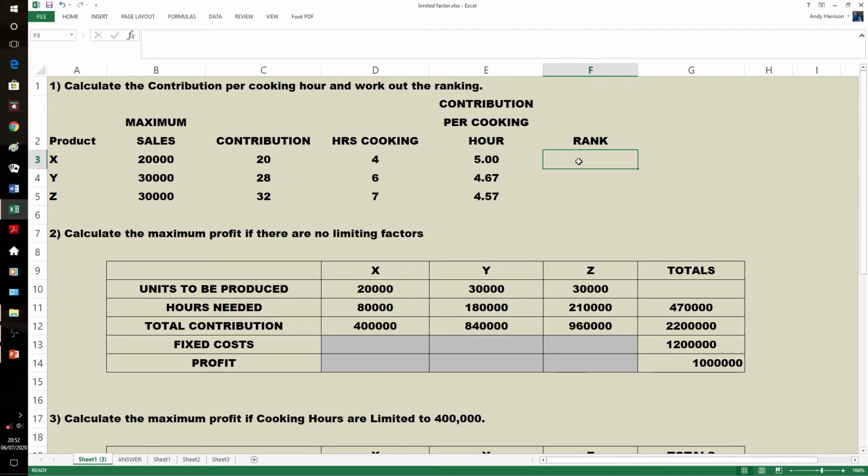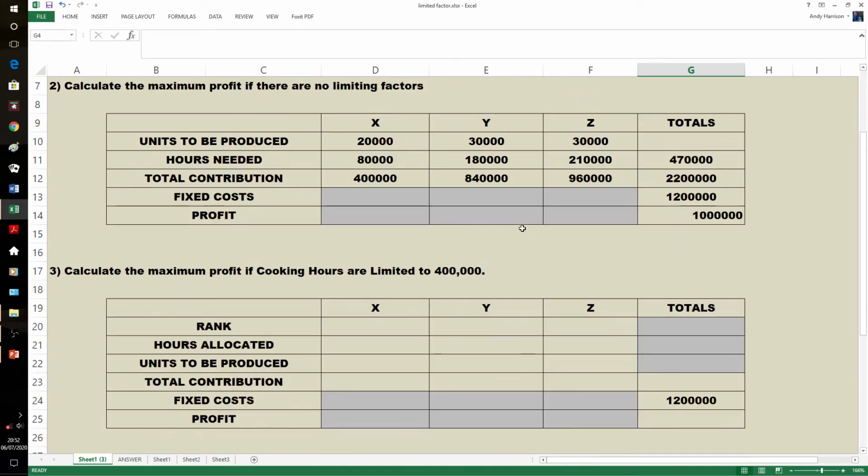So all questions of course are going to be this way around: 1, 2, 3. So that ranking means that when we allocate the cooking hours, we prioritise, top dog is now X, and that's what that rank means.